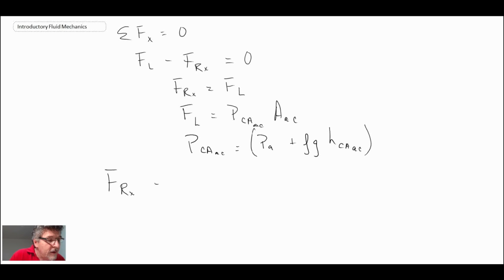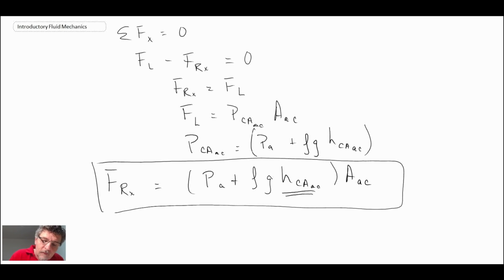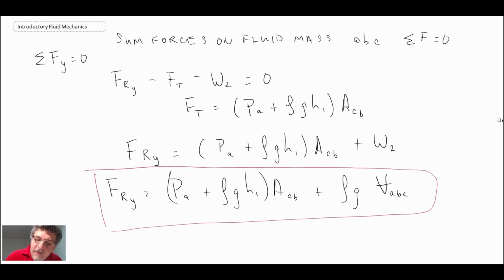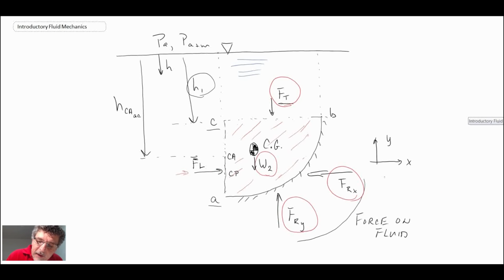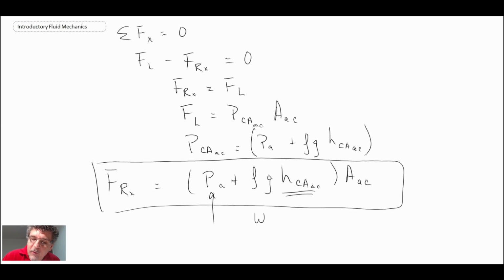With that, we can write out the reaction force in the x direction. And here, H is the center of area of surface AC. One thing that we can note, we have atmospheric pressure here. If it turns out for our particular system that we have P atmosphere out here, we can neglect that atmospheric pressure from the equation that we have.